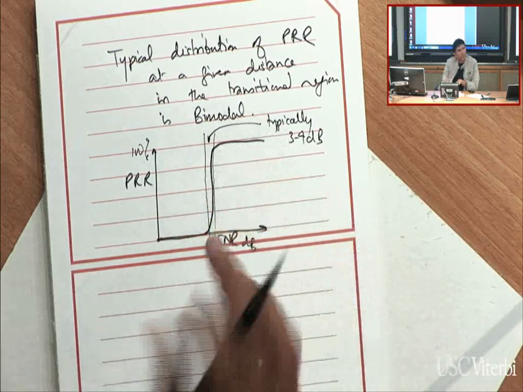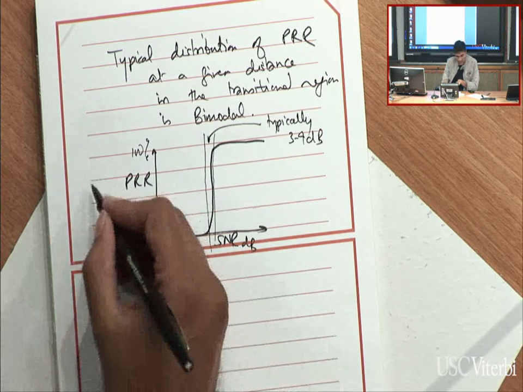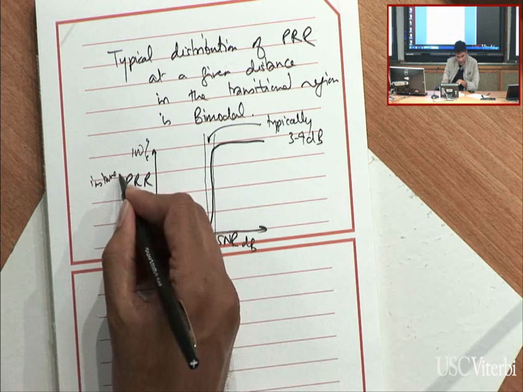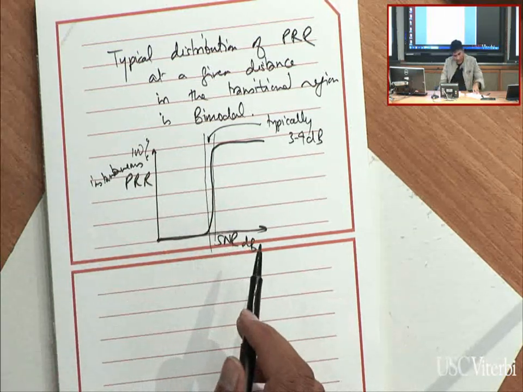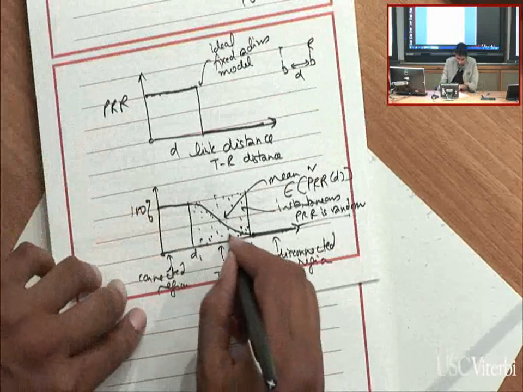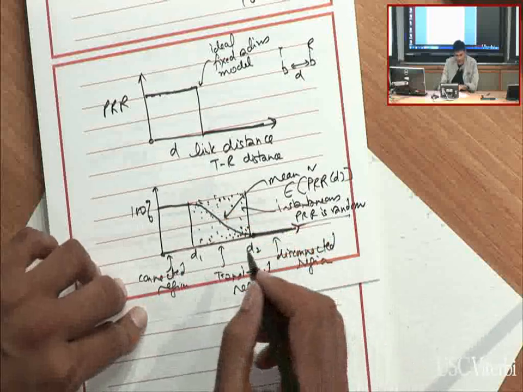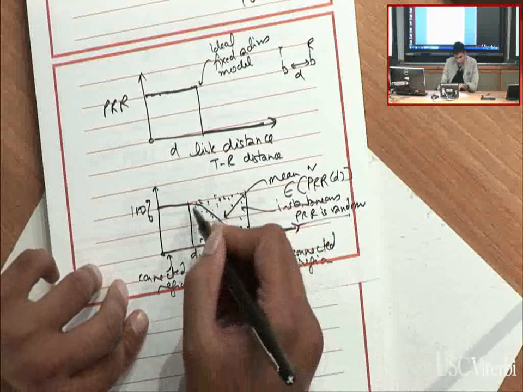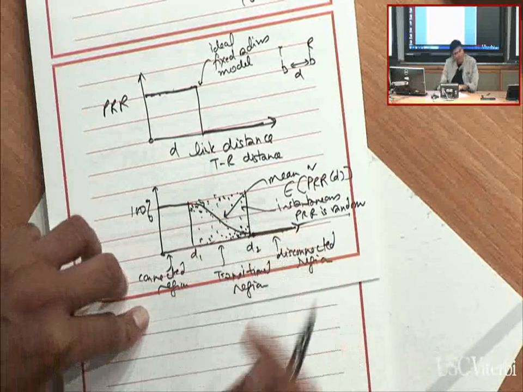It's very rare that you see mediocre quality links in the middle. So this is the instantaneous PRR. If I look at this scattering of PRR values in the middle, a lot of them are down here or up here. Very few of them are in between. At the lower distances, more of them are on top. At the farther distances, more of them are scattered at the bottom.